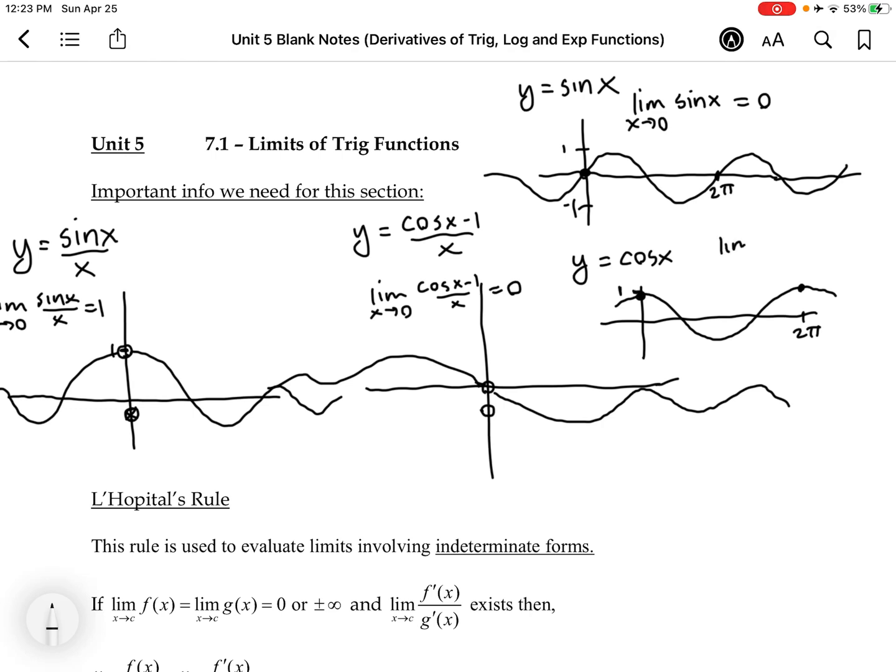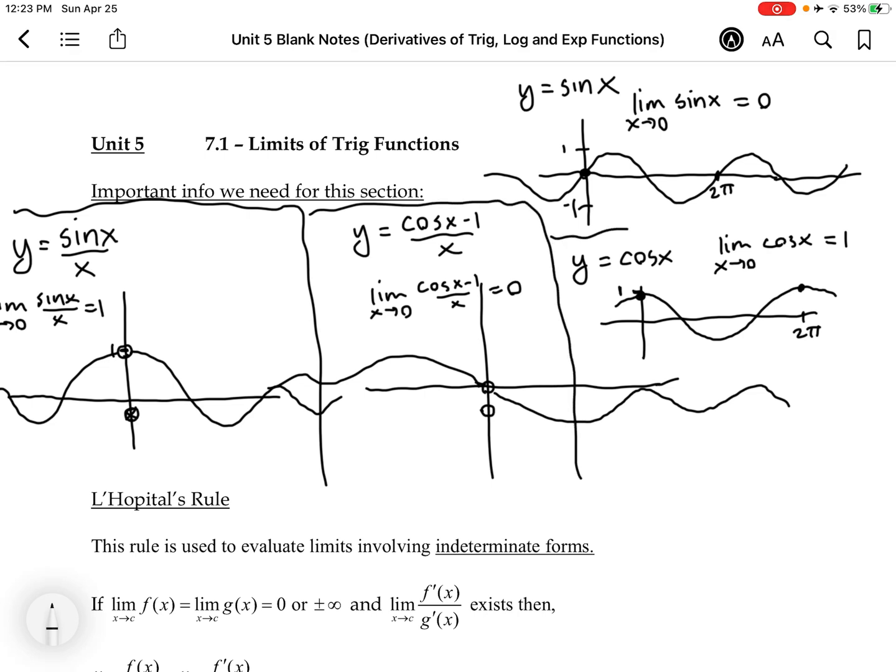So the limit as x approaches 0 of cosine x is equal to 1. Maybe I'll try to partition these off a little bit for you. There we go, that's a little better, hopefully. We're going to keep those things in mind as we go through our discussion today.